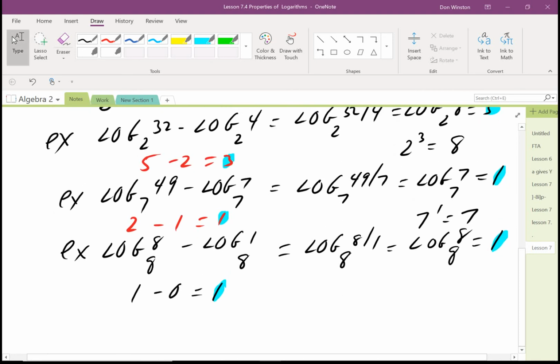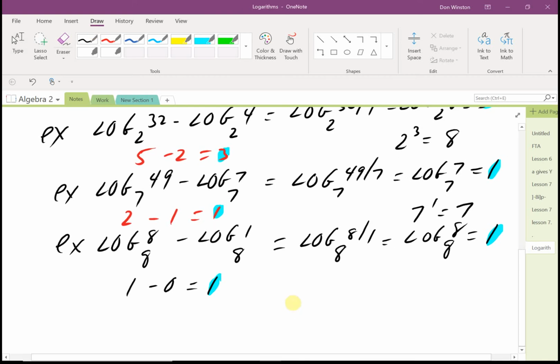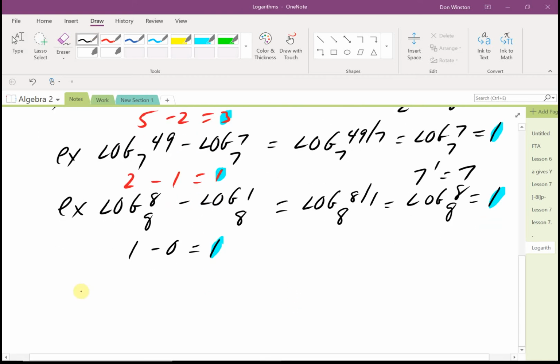Okay, so to get a little bit of practice, let's do these problems on page 516. I want you to do 4 through 6, and then I want you to do 23 through 25.